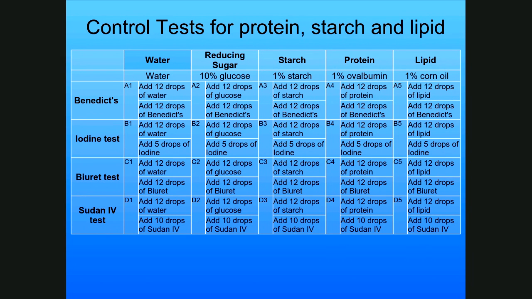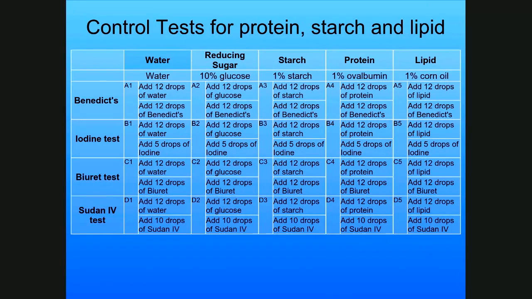Then you would add water to everything that has a 1. You would add glucose, which is a reducing sugar, to everything that has a 2. So A2 would have Benedict's and reducing sugar. Everything that has a 3 has starch in it. And the reason why we're setting this up this way is because some of these reagents that we're using are actually hazardous. The Benedict's and the burette are hazardous solutions.